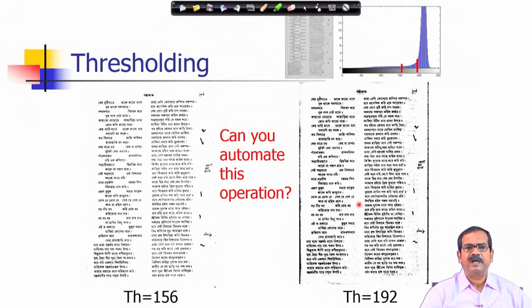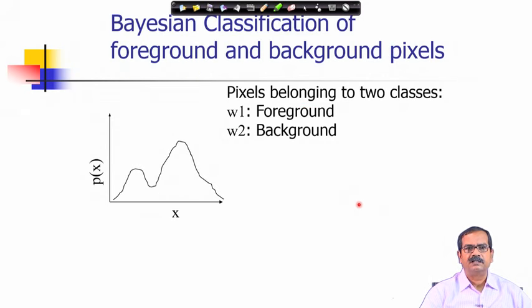This kind of manual choice of thresholding may not help when you are trying to process various documents, and one of the objectives would be to automate this thresholding operation.